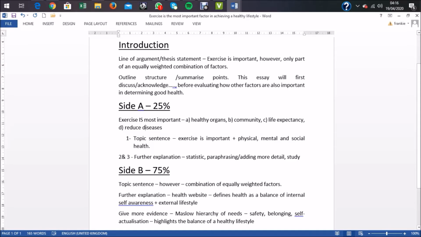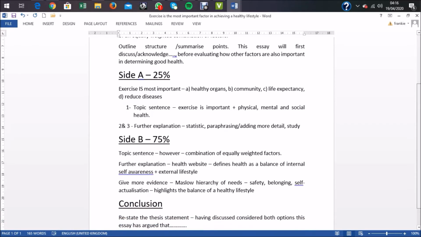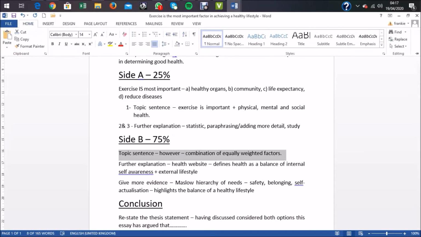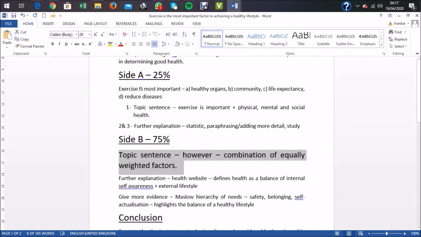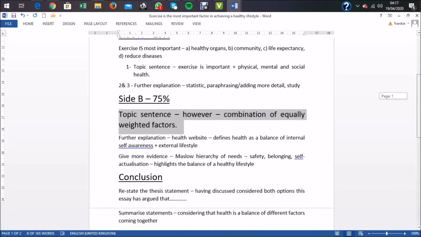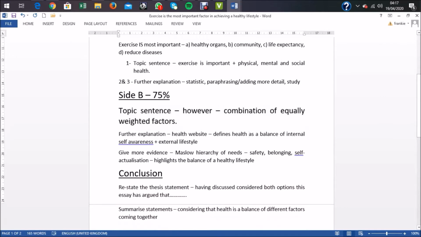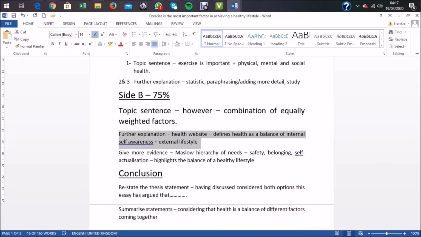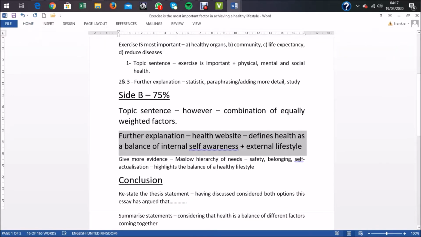In side B, which was looking at why exercise isn't the most important factor, our main argument was that no one factor was more important than another in terms of health, and it was very much a balance of different factors coming together, which we explained using a definition from a hypothetical health website that might define health as a balance of internal self-awareness and external lifestyle.